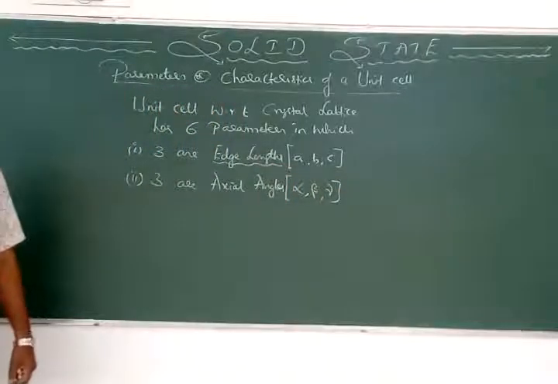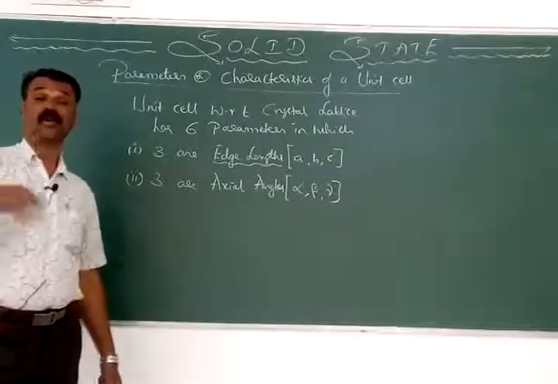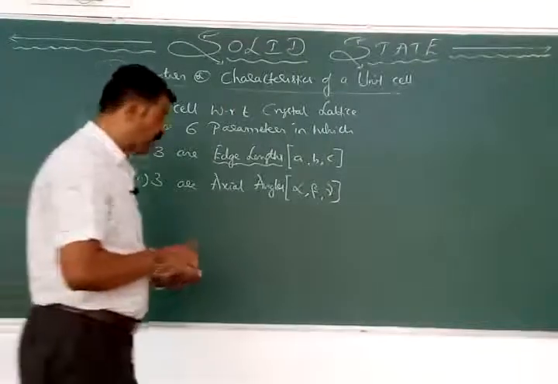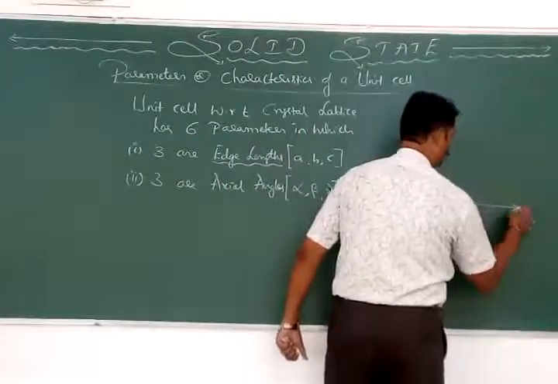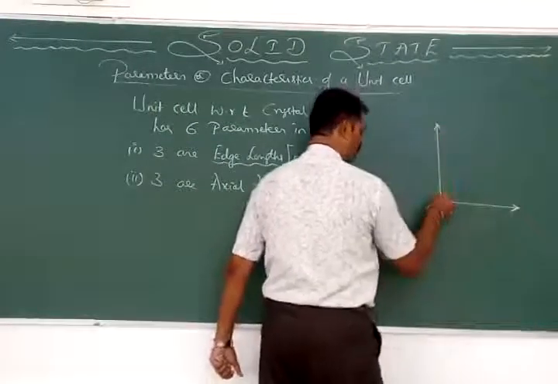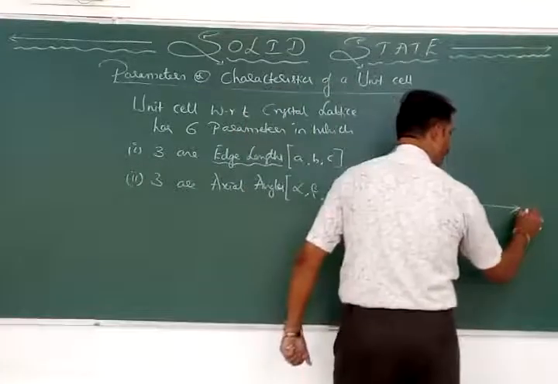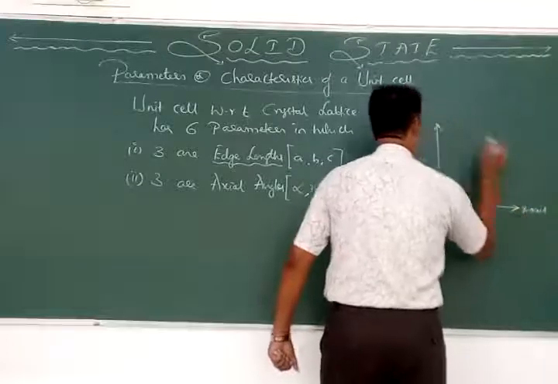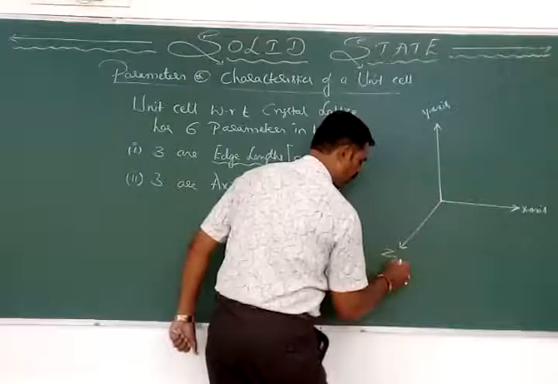Because it is three-dimensional, you have to have 3 different edge lengths along the x-axis, y-axis and z-axis. So let us draw that. Suppose this is the x-axis now, this is the y-axis and this is the z-axis.